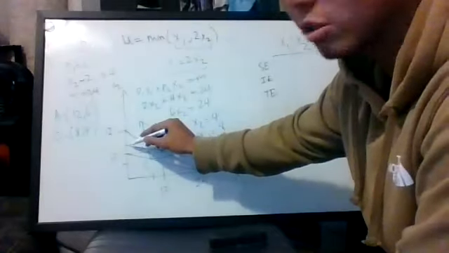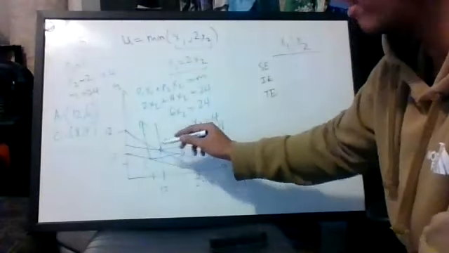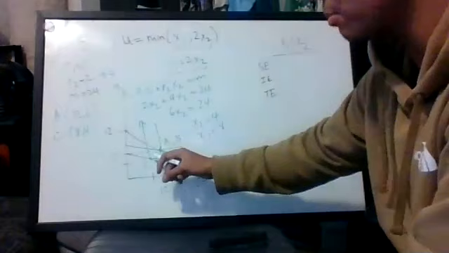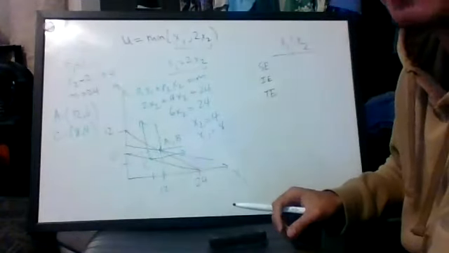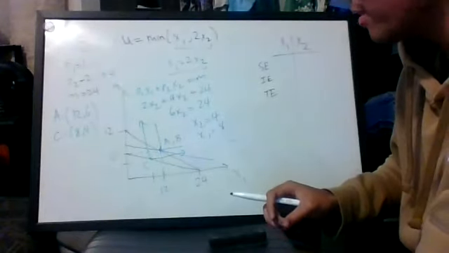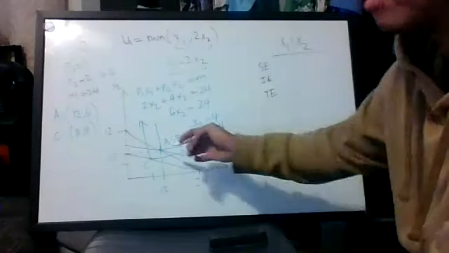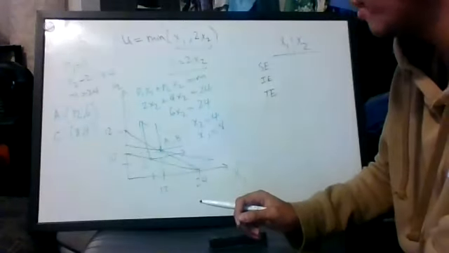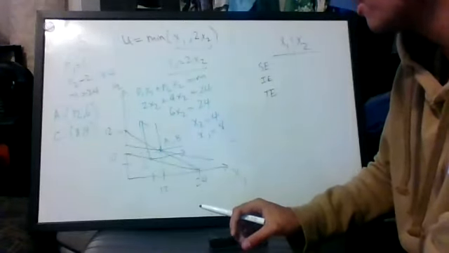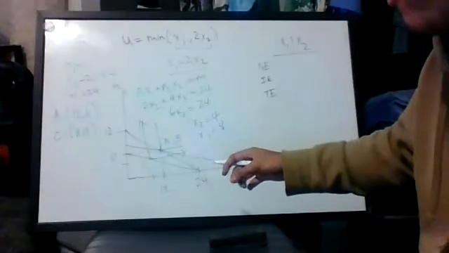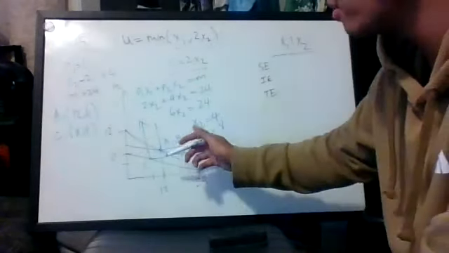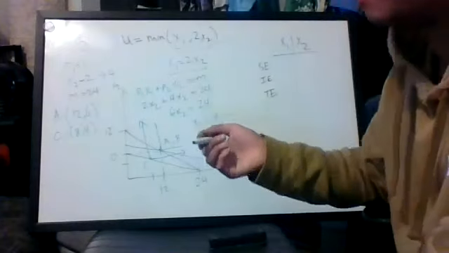And this is like the new slope, if you will, where B lies, which is the same slope as point C. Does that make sense? Because we're assuming that we're keeping utility the same, right? So there's not as much math for finding point B. So you're going to have to use intuition, as I said before.